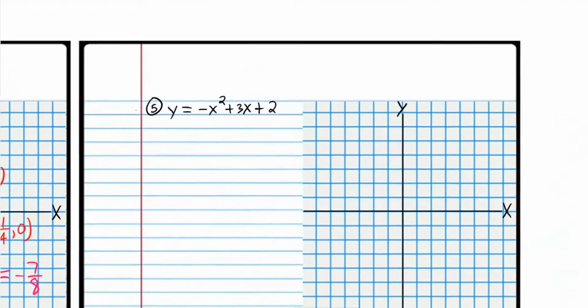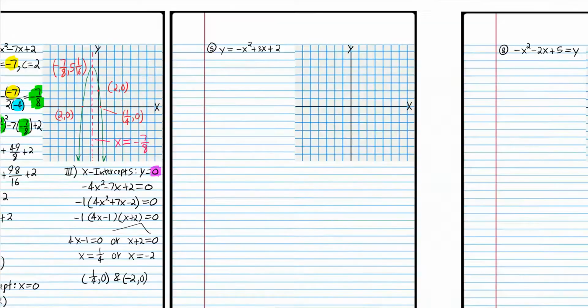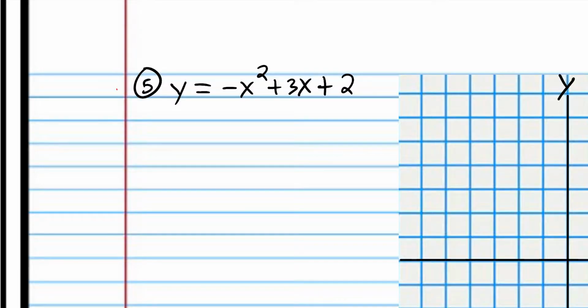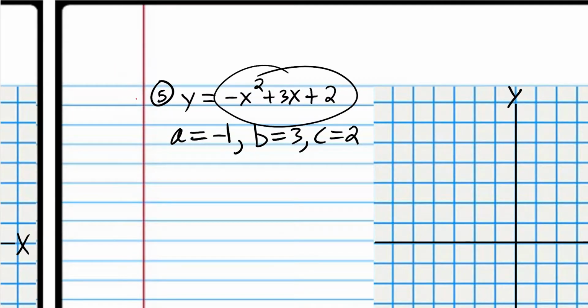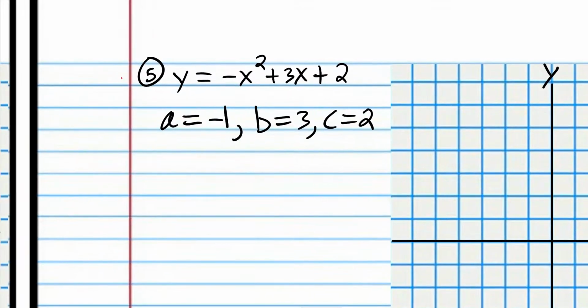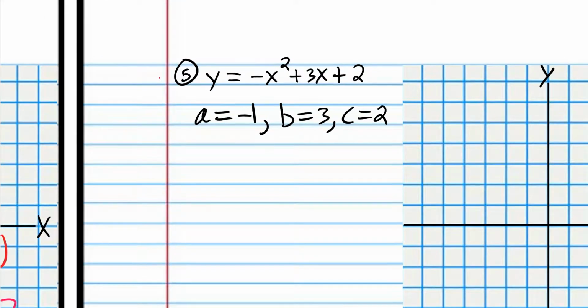Okay, let's try number 5 together. So we're going to use the same approach. But what you're going to find with this problem is that when you try to find the x-intercepts, this expression is not going to be easily factorable. So first step, as usual, is to find the vertex.